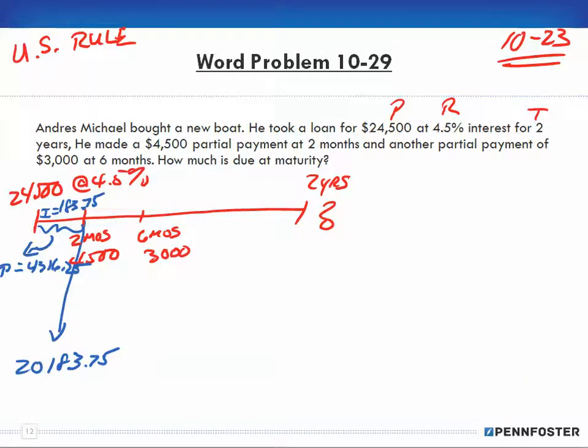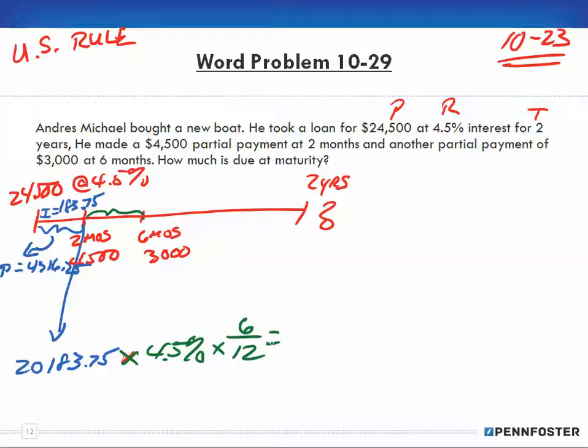Now that I have this new balance of $20,183.75 for my next period, which is this period here, let me use green. It's still at 4.5% interest. And this time it's for 6 months over 12.